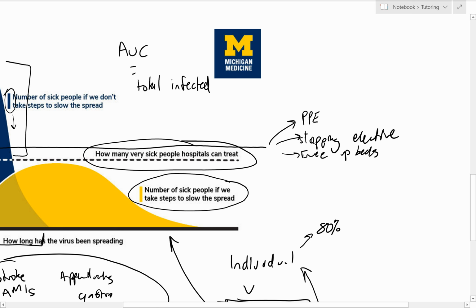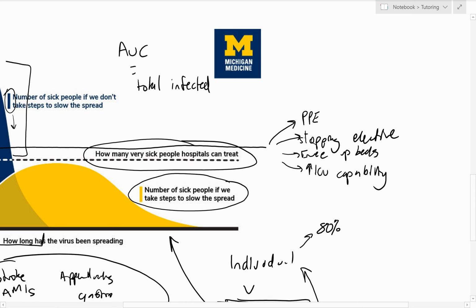We could start buying more ventilators and getting ventilators out of storage and getting everything ready. We could activate overflow capacities within hospitals, prepare other areas to become critical care areas so that our ICU capabilities are increased. And we started training people in PPE and all that kind of thing.